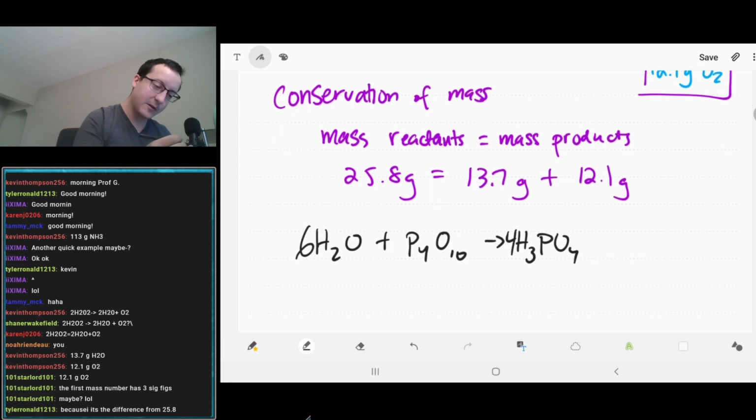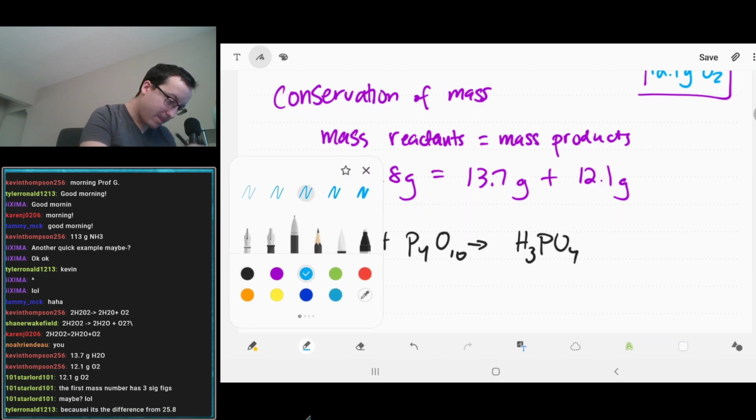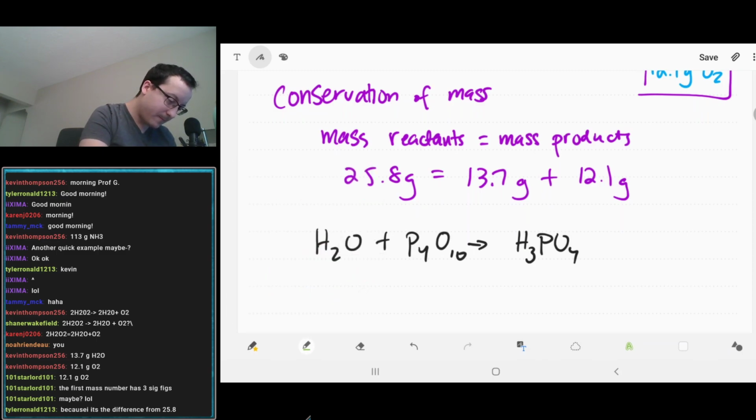I'm actually going to do those in a different color just so it's easier for us to see those reaction coefficients. Let's use green. Okay, let's do this one.